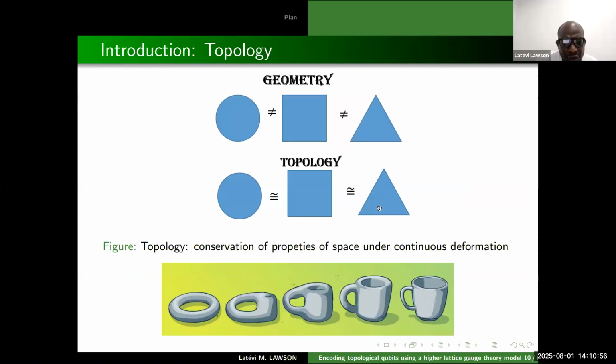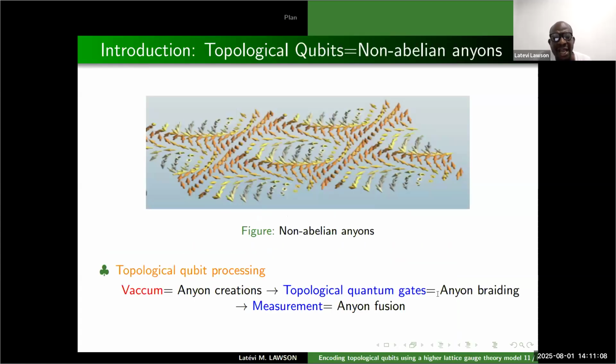The most popular example that we know from the literature is the equivalence between the donut and the coffee cup. This is what we are going to use to store the information. If we come to the physics, we have some organization of particles in matter exhibiting topological properties.